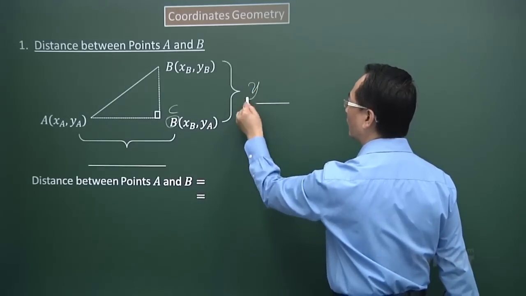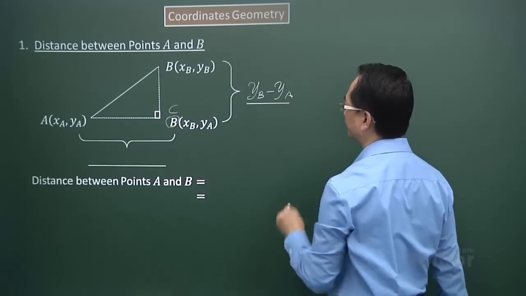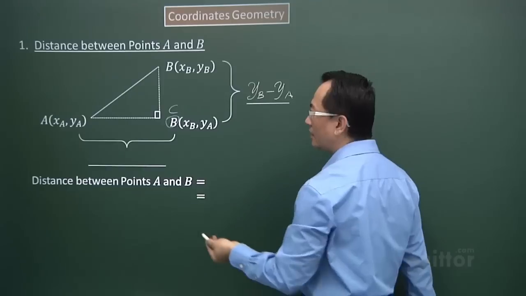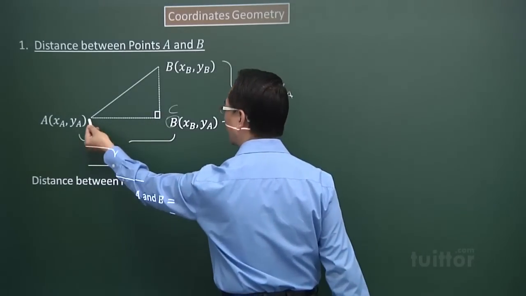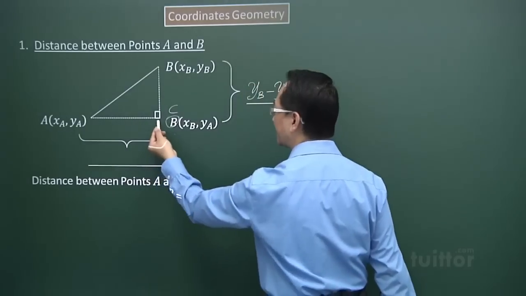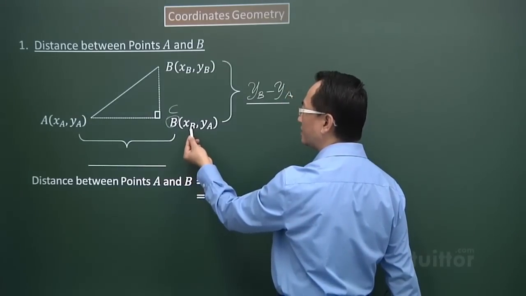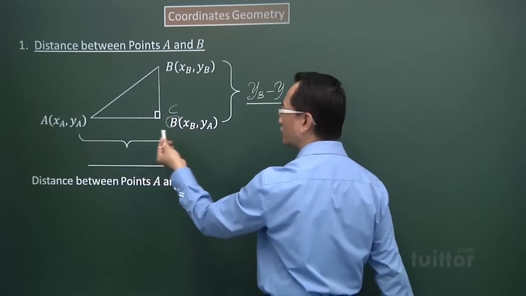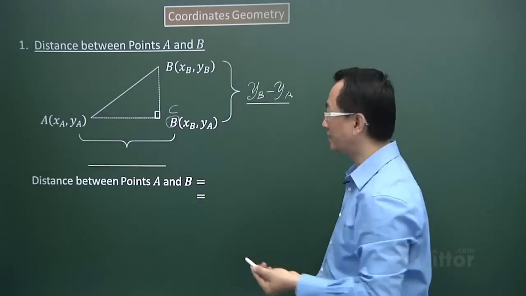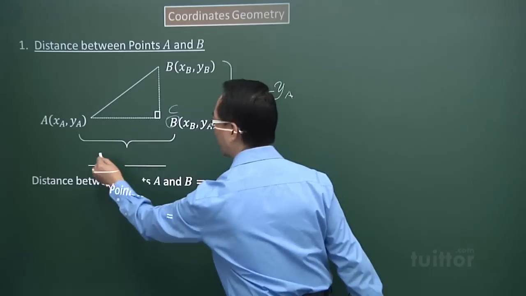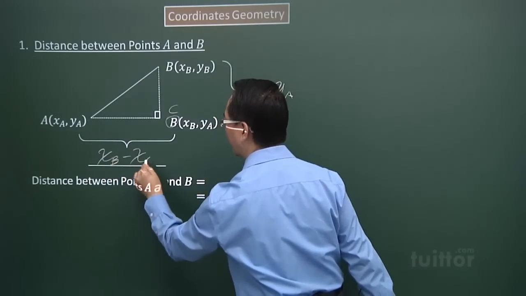So I have yb minus ya, and the horizontal distance, that is the distance between point A and point C, I take the difference of the two x values or the two x coordinates. In this case, I'll take xb minus xa.